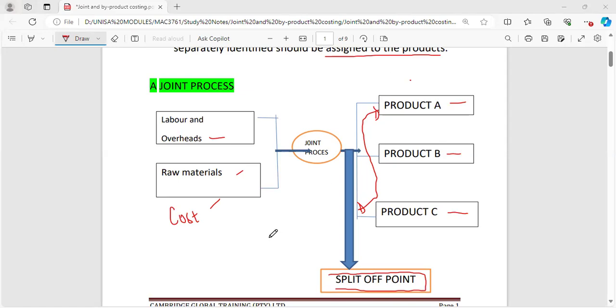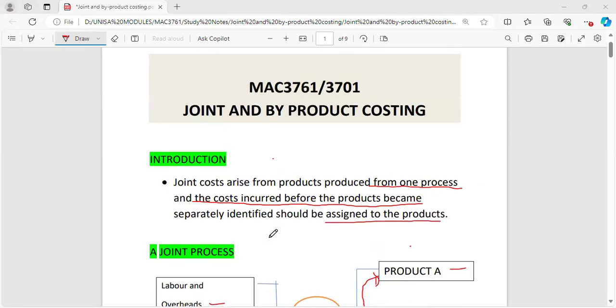Right. So an example that I can give is when you are slaughtering a cattle. It's a joint process because in a cattle we have different types of meats that are to come out of the cattle.